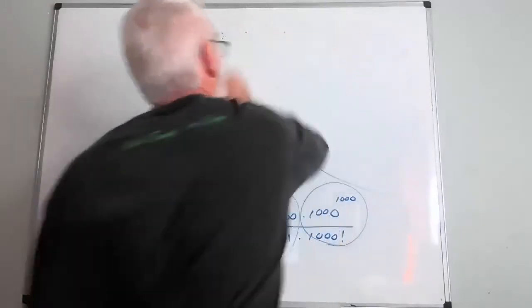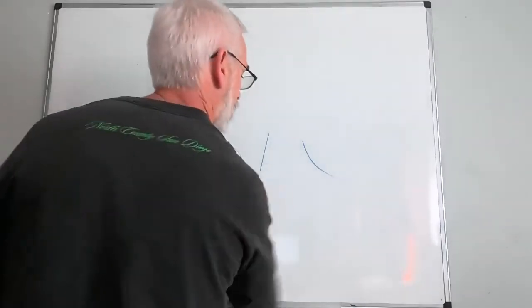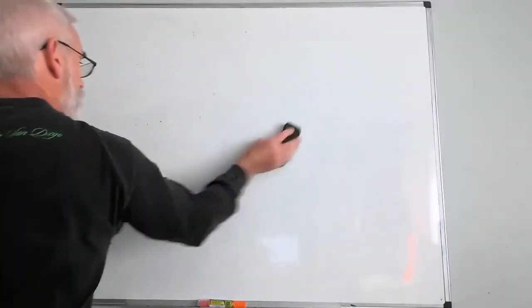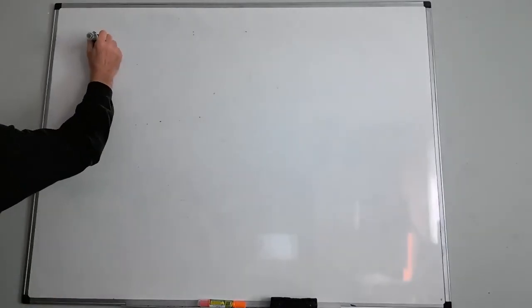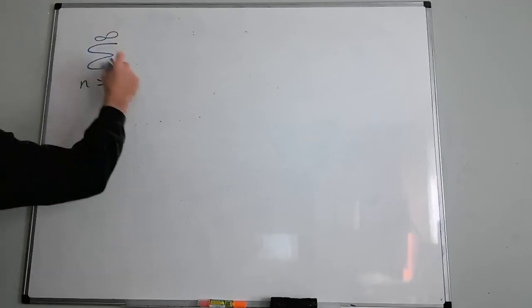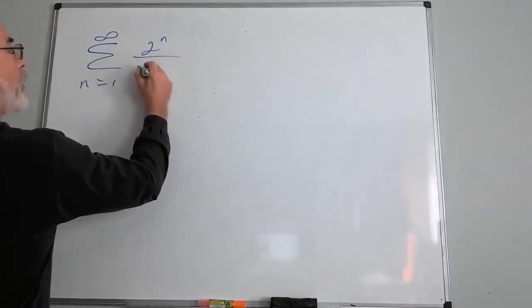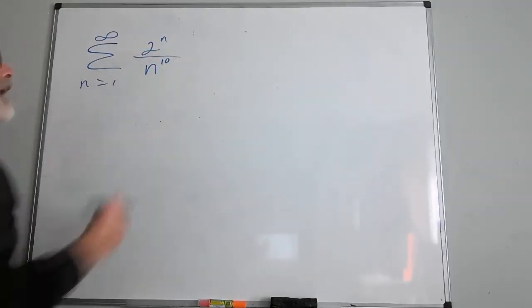All right, let's try another one. So now let's say I've got the sum n equal 1 to infinity of 2 to the n over n to the 10th power.